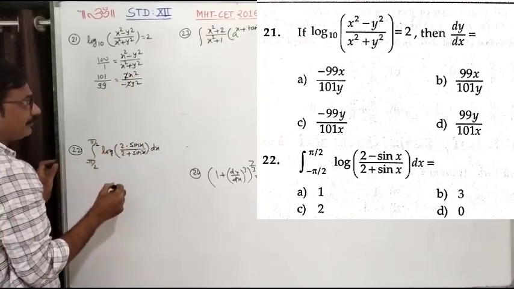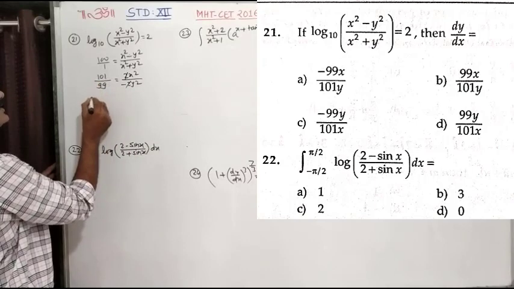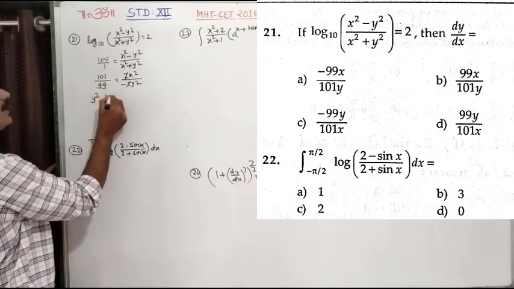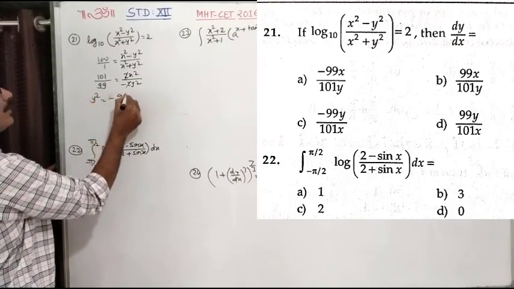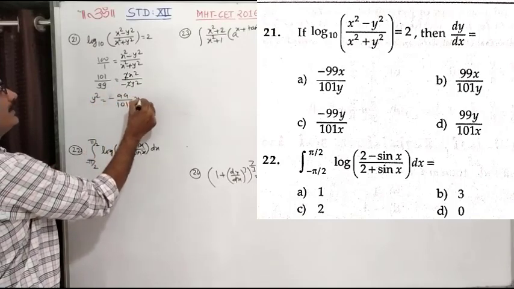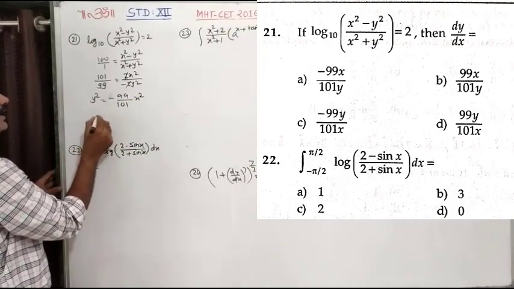like this. Okay? Just transfer this y square, you may write like that, minus 99 upon this x square, differentiate, twice y dy by dx.